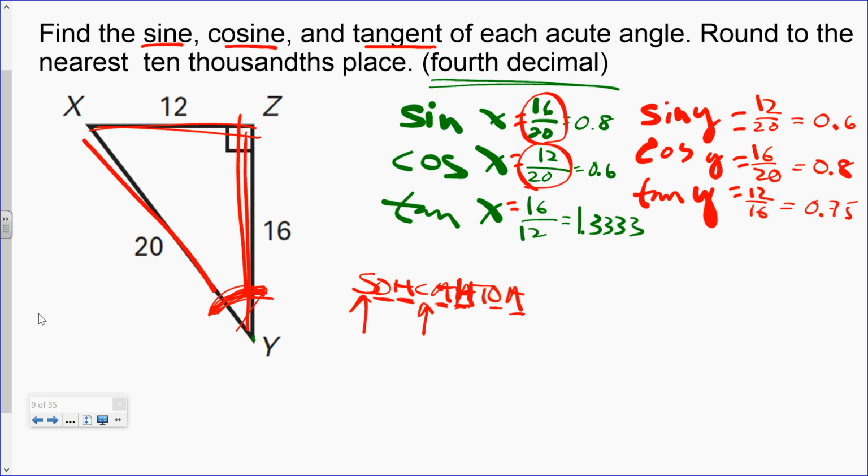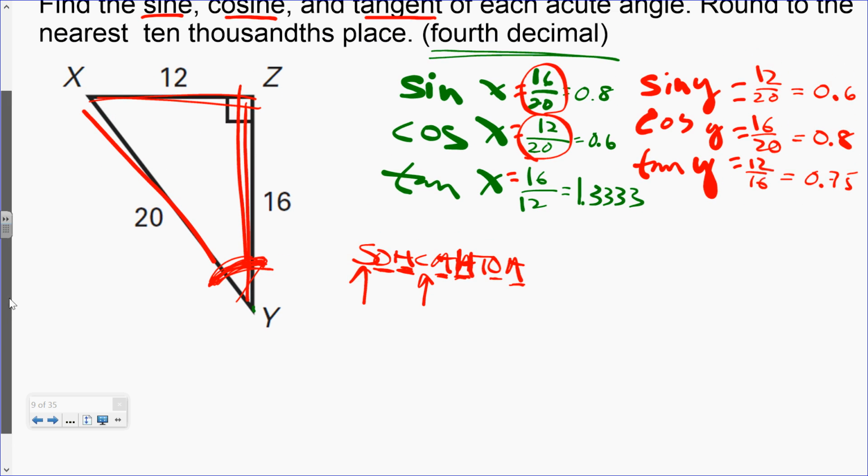Sine is opposite over hypotenuse. The sine of an angle is the opposite over hypotenuse.